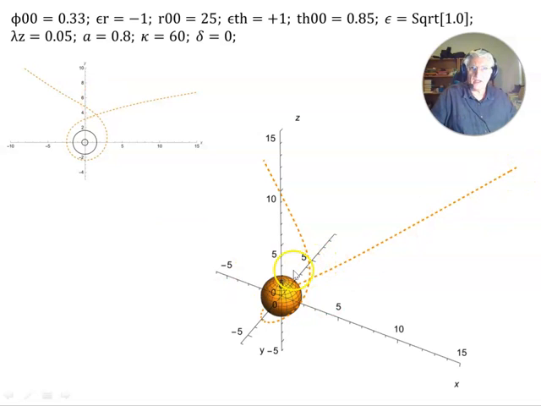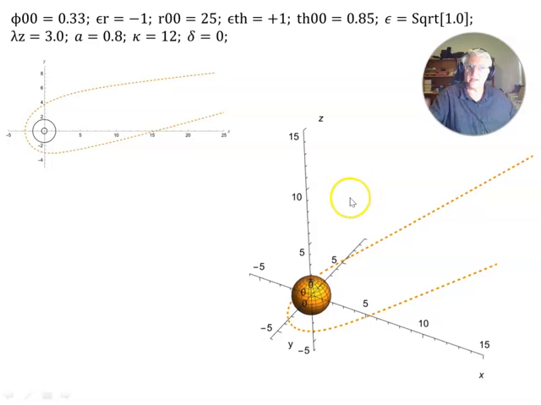Kappa is set to another constant, 60, and the spin of our black hole is 0.8, which I often like to use on this channel as my example. And we can see here's the geodesic followed by a photon around here and back. It's quite impressive. Let's have a look at another example.